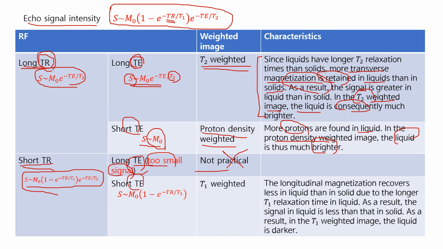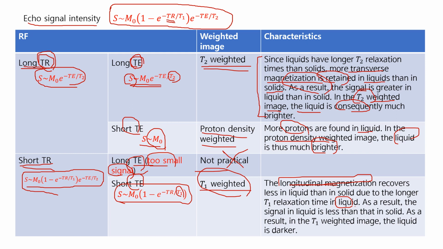And short TR and short TE, we have signal intensity in a form like this, and this signal intensity depends only on T1. So we have, in this case, T1 weighted imaging. The longitudinal magnetization recovers less in liquid than in solid due to the longer T1 relaxation time in liquid. So the T1 relaxation time in liquid is longer than that in solid.